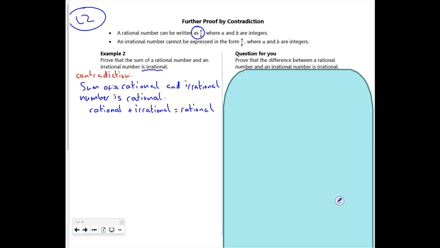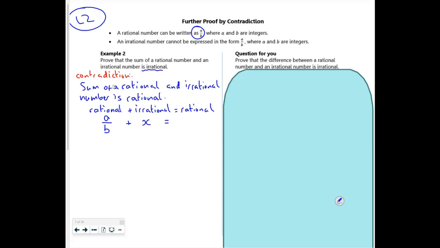Right, so my rational number, I'm going to use a over b. I'll use the same letters as what's in the pack. I normally use five different letters following on, but this has slightly different letters, no worries at all. So a over b plus, I'd use c here, but the pack uses x.